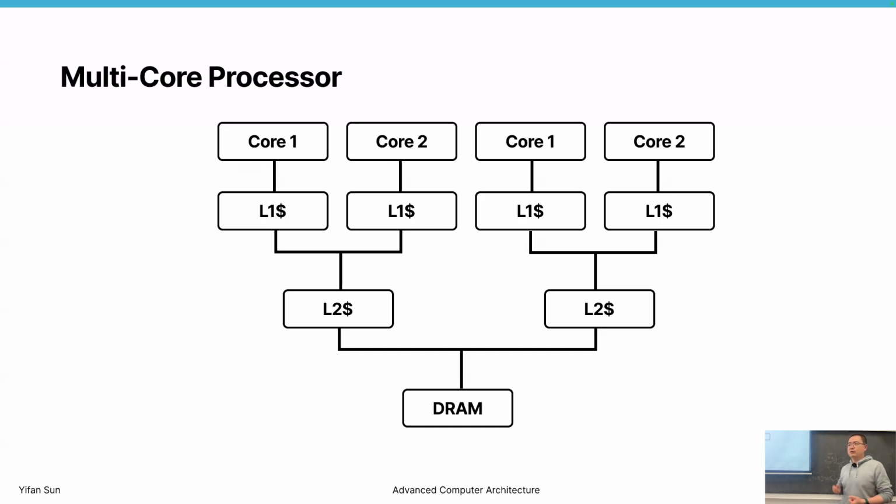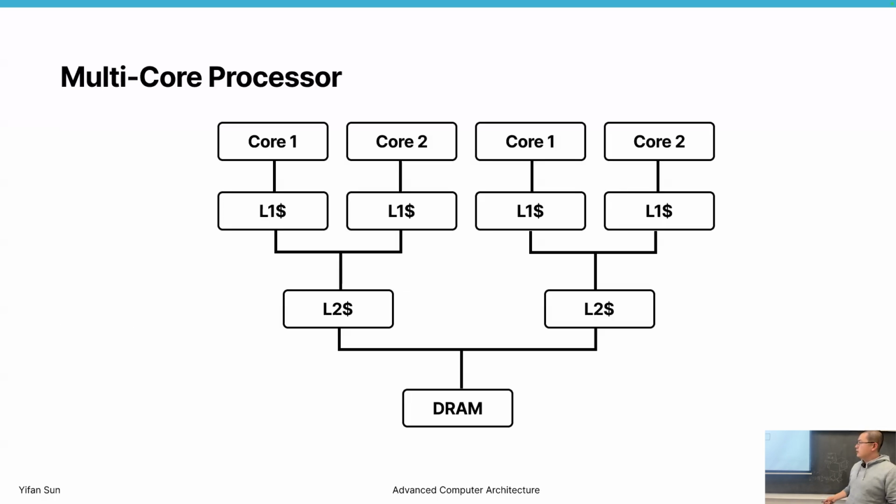And core 2 is also loading data and evicting data loaded by core 1, right? So they are thrashing each other, making none of them able to get data. Both of them need to go to the DRAM to access data. So this type of relationship can be very complex when we're talking about cores sharing caches.